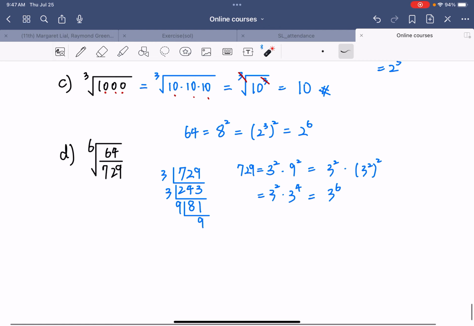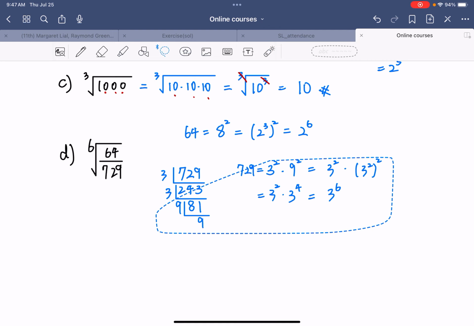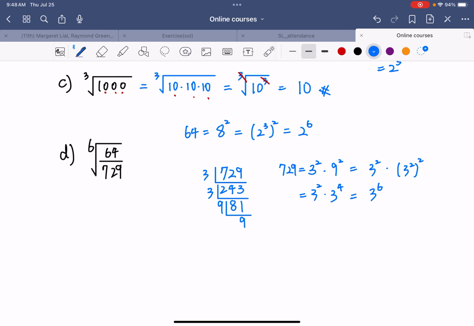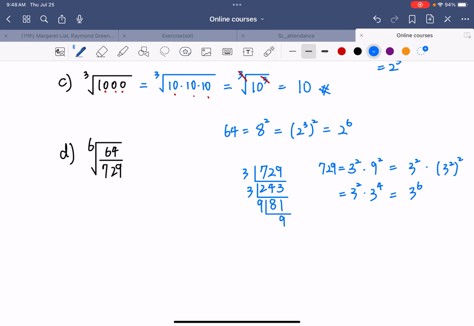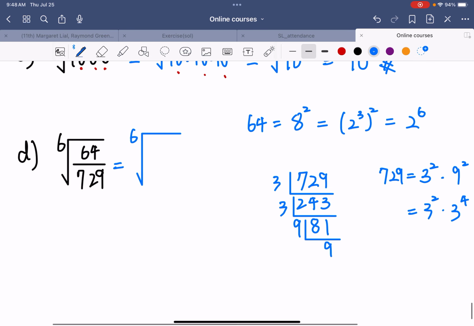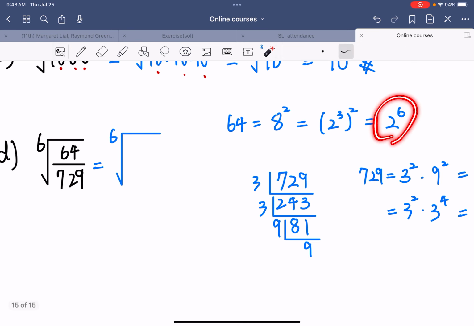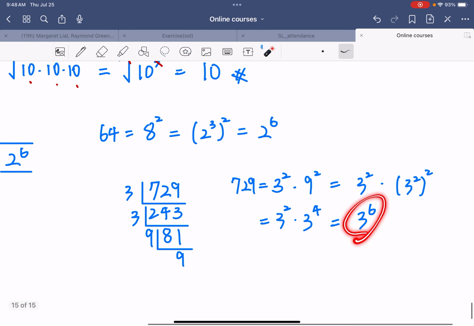Okay, then that's enough for us. We can rewrite this. So we know that 6 is the index, and we got 2 to the power of 6, so we write it in the numerator in place of 64. Then we can rewrite 729 as 3 to the power of 6.